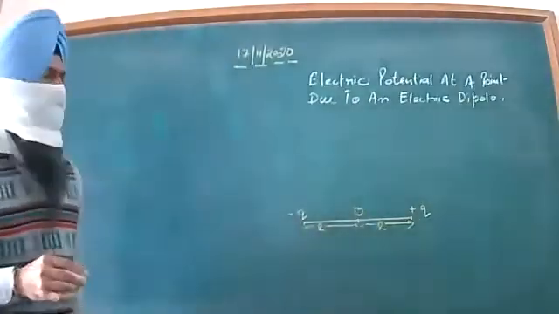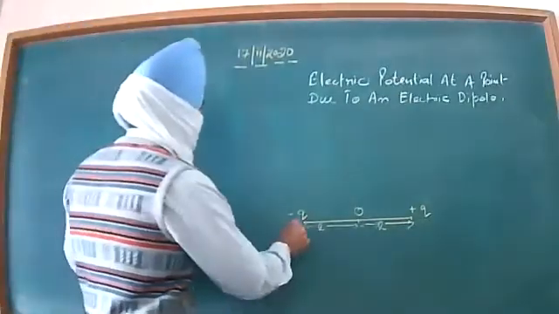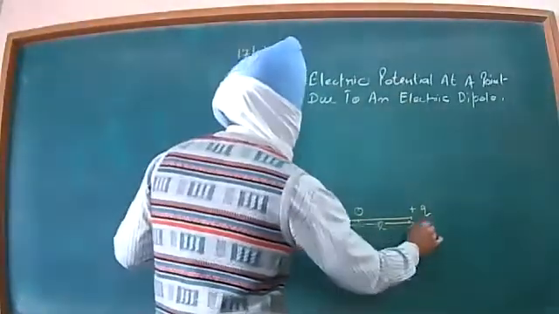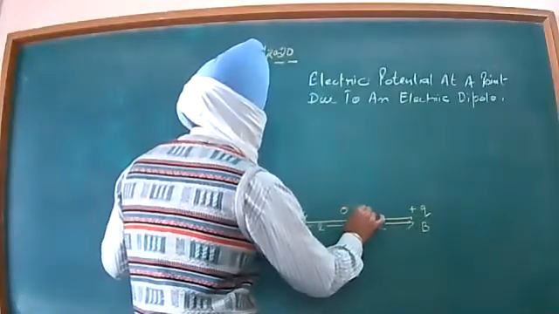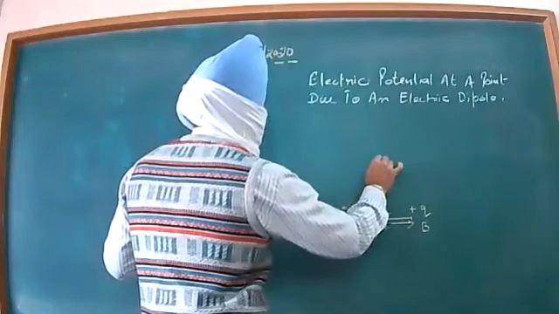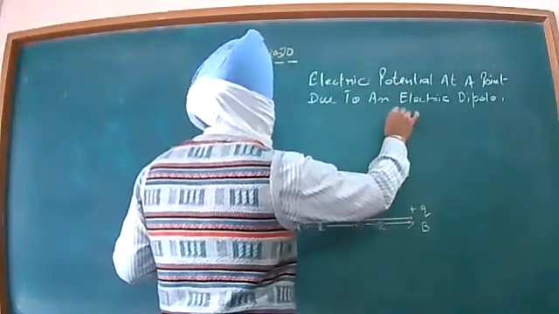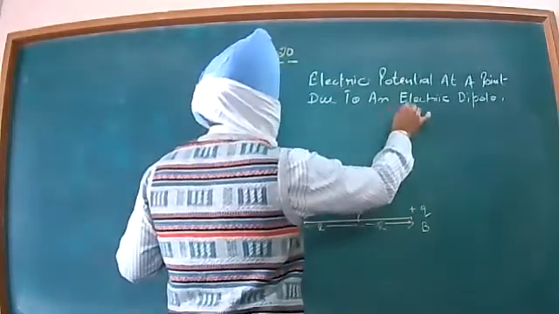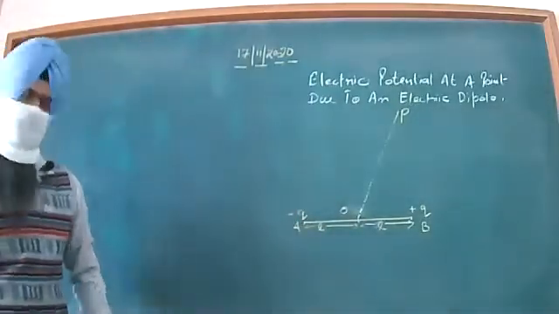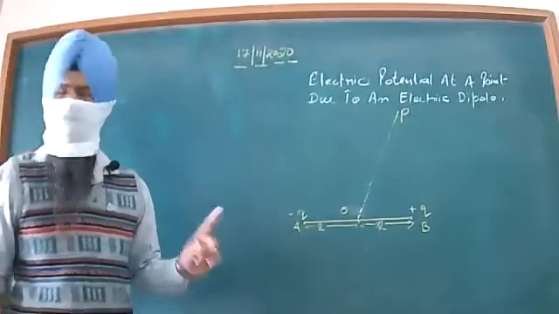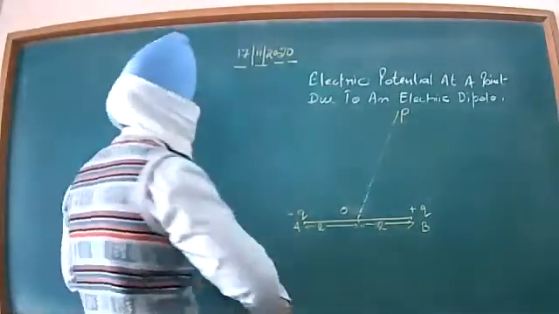So this is your electric dipole, and you can mark these points as A and B, and from here you can say that this is the observation point P at which we intend to calculate the electric potential, not field this time, electric potential we are talking about.